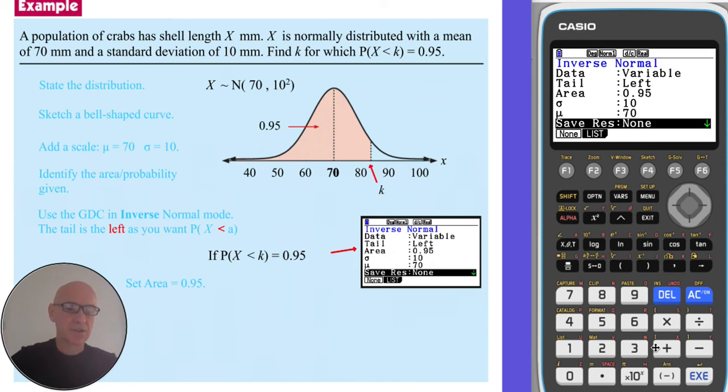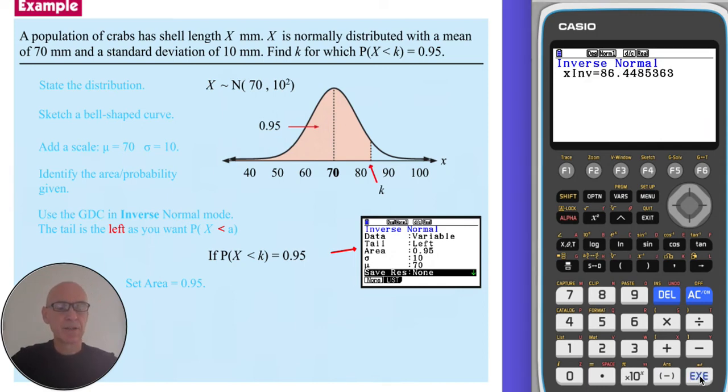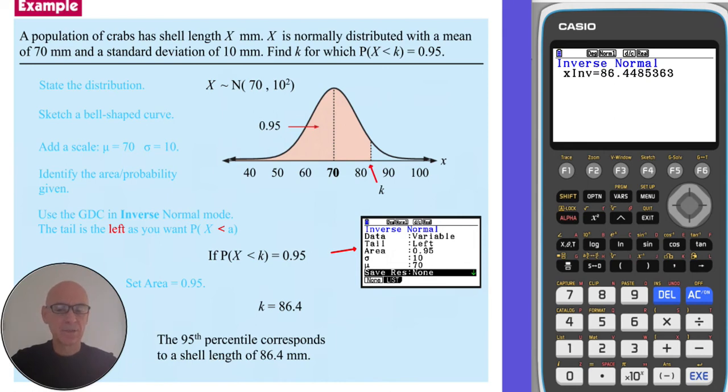And then pressing execute will give the corresponding value of x, or the value of k in other words. So k is equal to 86.4, which means that the 95th percentile corresponds to a shell length of 86.4 millimeters.